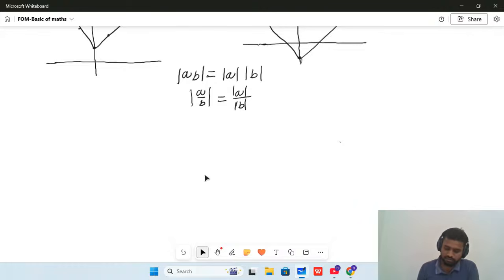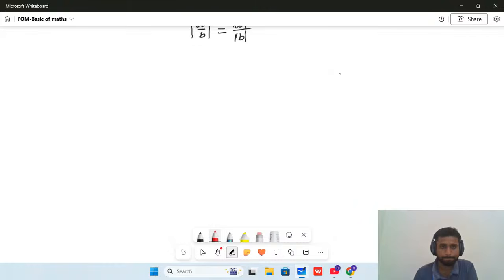So the first type will be somewhat like this. Modulus inequalities is the next topic.